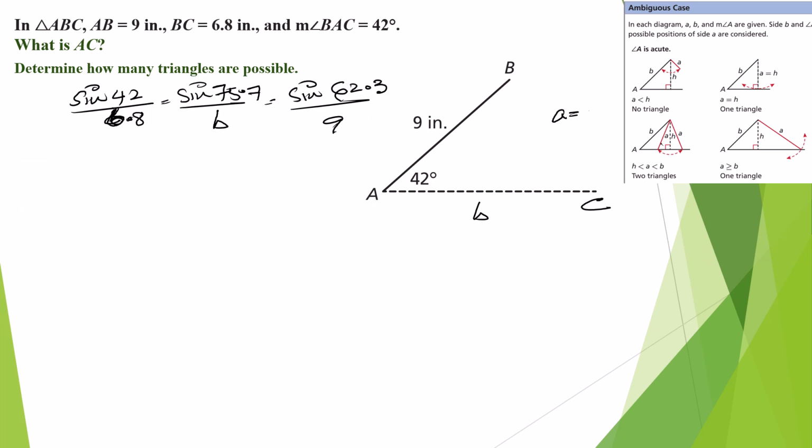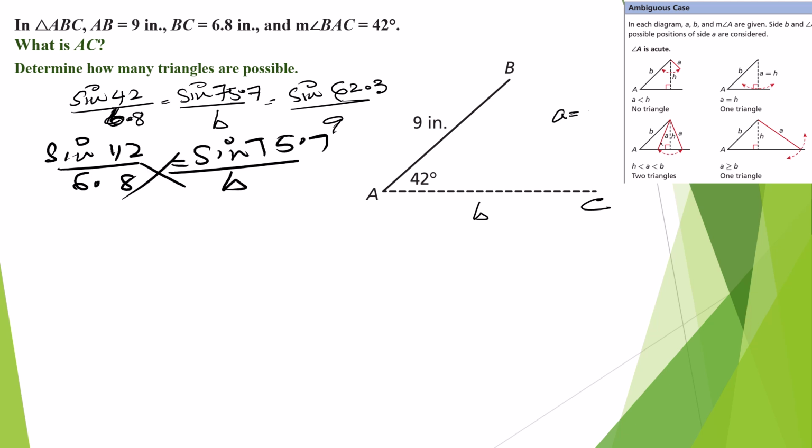Now we still have to work on a few things, that is we have to find the value of b, that is AC. So how can we find it? Take the two things, that is sine 42 over 6.8 equals sine 75.7 over b. We will cross multiply, so b times sine 42 equals 6.8 times sine 75.7.